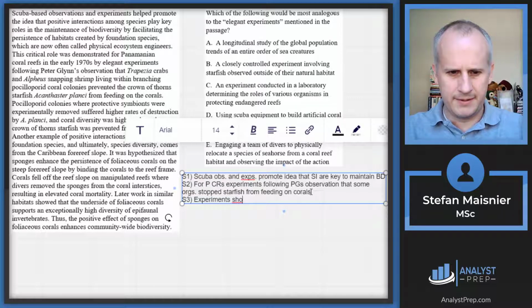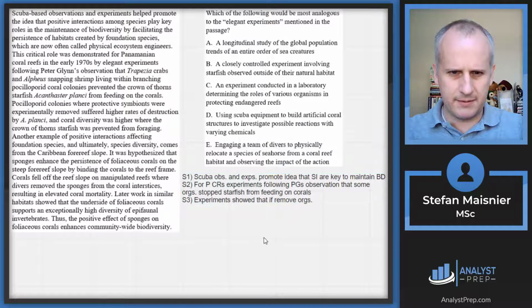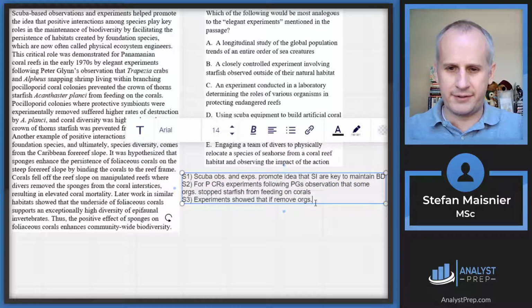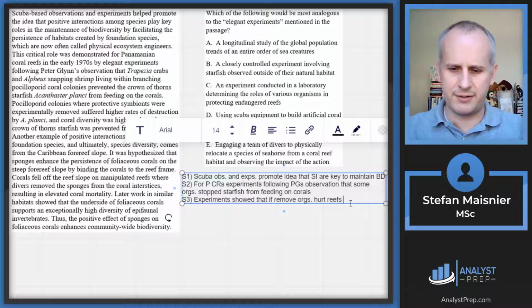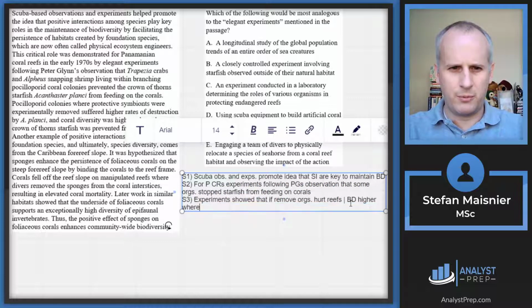showed that if you remove those organisms, the shrimp and the crabs, then you had hurt reefs because they suffered higher rates of destruction, but the diversity was higher, so BD higher, where the starfish was stopped from feeding by those other things.